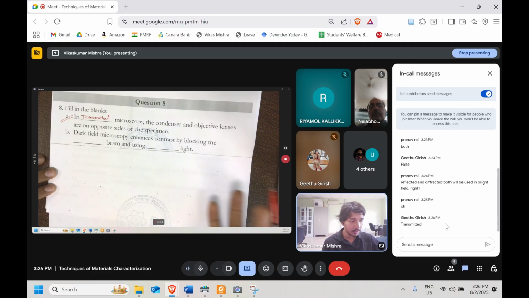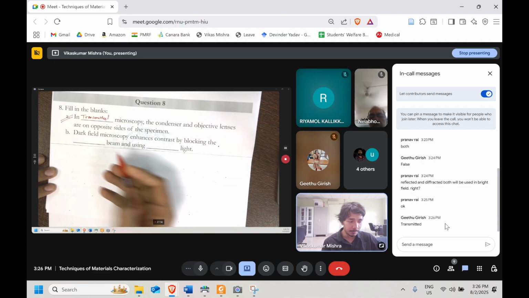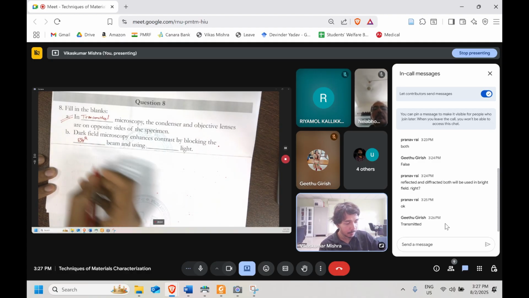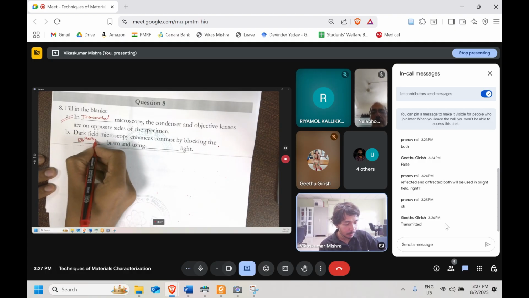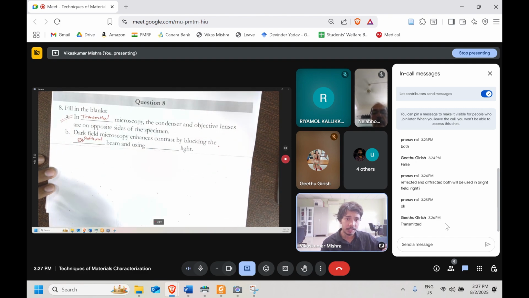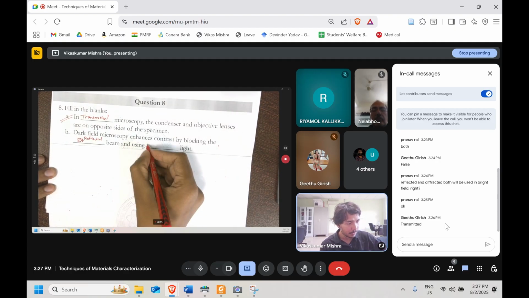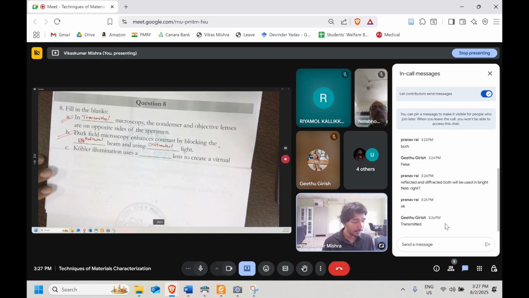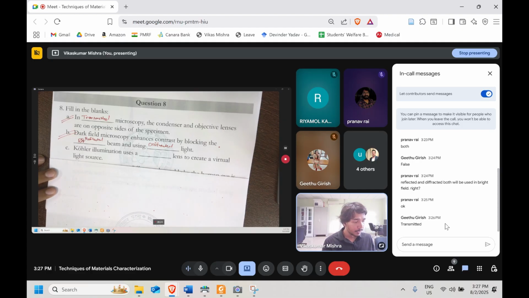By blocking the direct beam, or we can say the reflected beam, and using the diffracted light, or we can say the scattered light. Okay. Now let's move ahead to the next question.